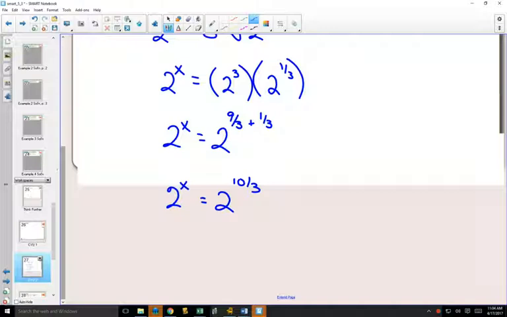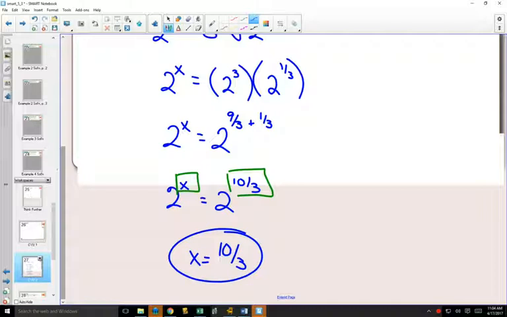Now that we've got both sides as a single power and both sides with the same base, if they're equal, it means that the exponents have to be equal. And in this case, life is really simple. We don't even have to do any more math. If the exponents are equal, we know that x has to be 10/3. No problem.